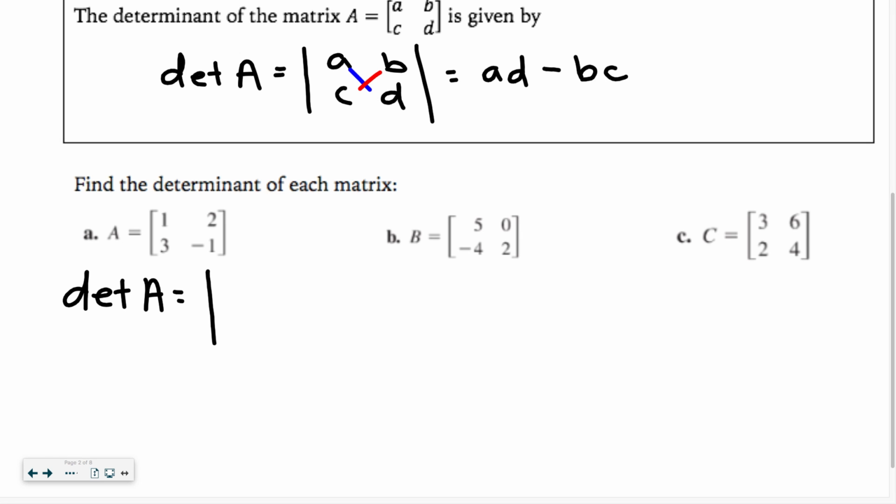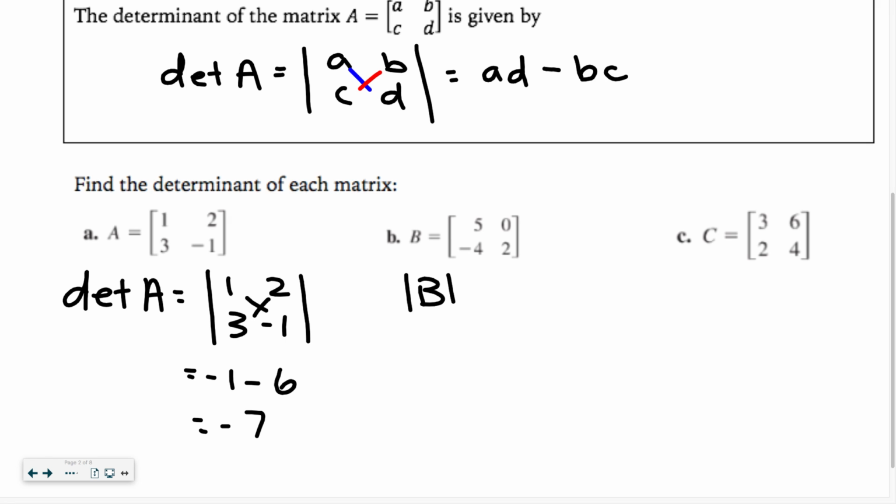Okay, the determinant of A, if you want to write it out, you can write something like this. That's going to be negative 1 minus 6. So did you get a negative 7? Okay. I don't have to show all that work every time. I could say the determinant of B over here in the second matrix is 10 minus, be real careful here, 0 times negative 4 is 0, not negative 4.